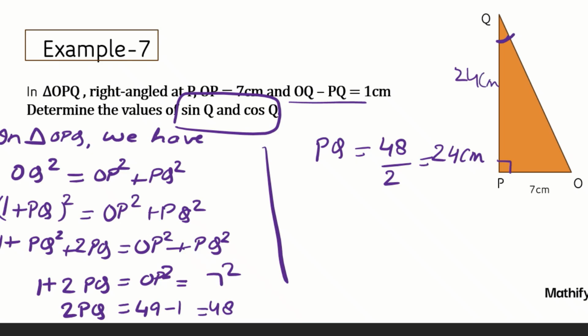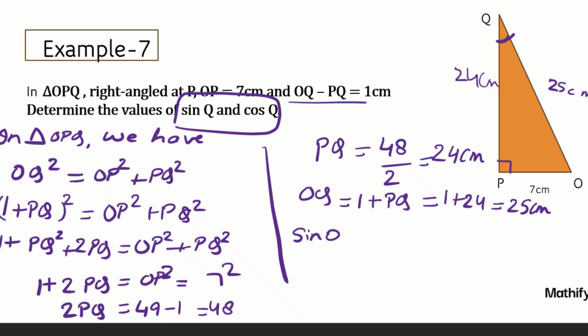Now we find OQ. OQ is nothing but 1 plus PQ. So 1 plus 24 will become 25 centimeter. So this side will become 25 centimeter. Now can we find sin Q and cos Q? Yes. Sin Q will become, for this angle, which side is opposite? OP. And which side is hypotenuse? OQ.